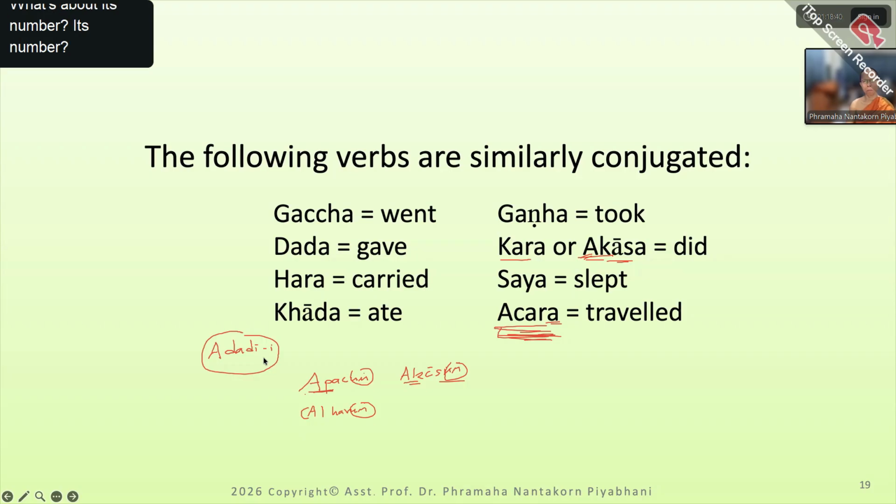Singular. E or i, singular. Imsu, plural, right? This is number, singular. What about person? Third person. You see? All four parts are connected.